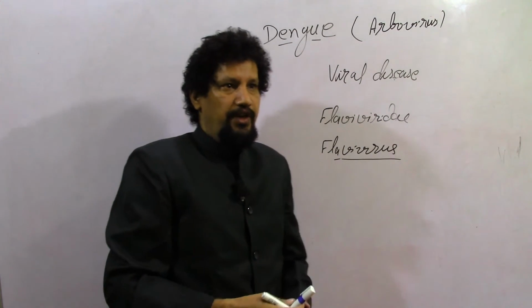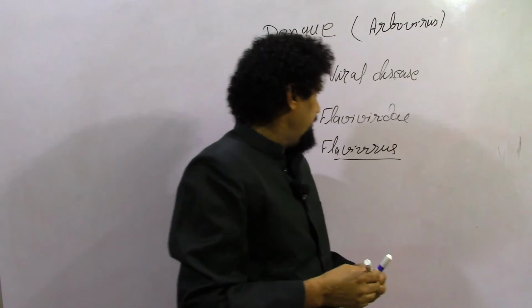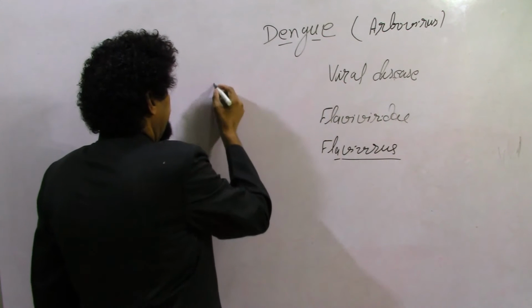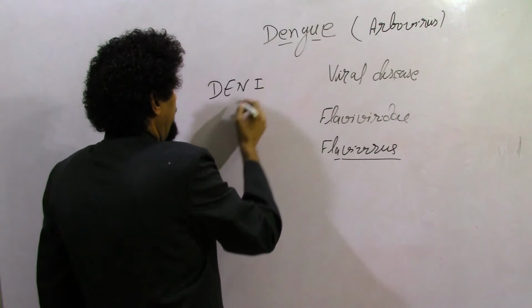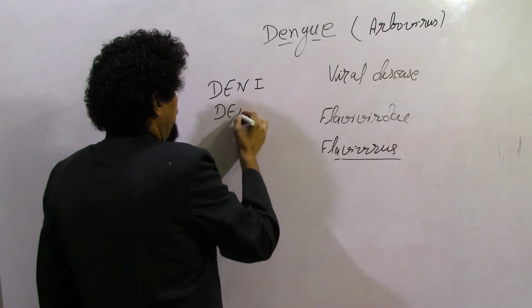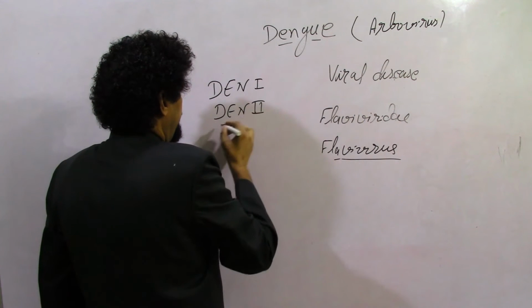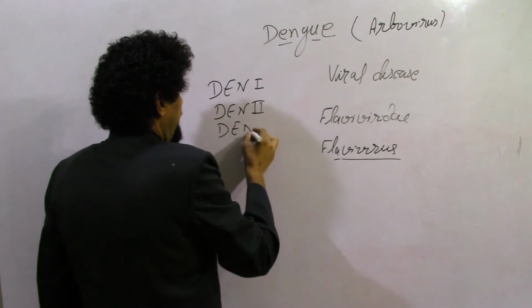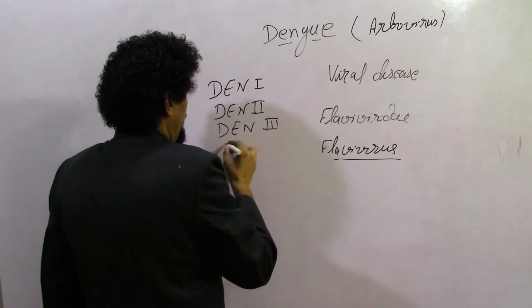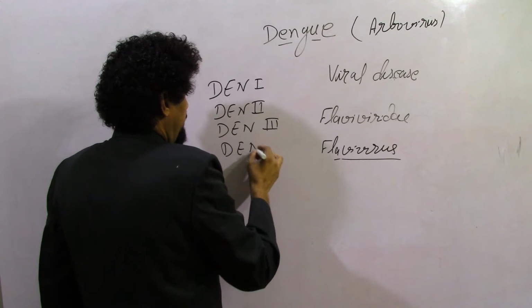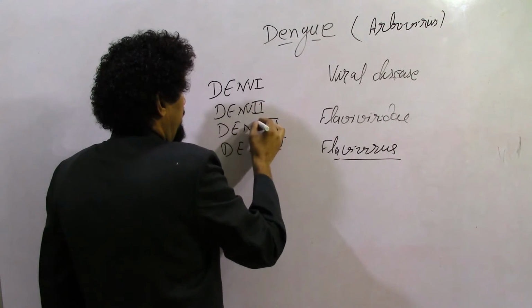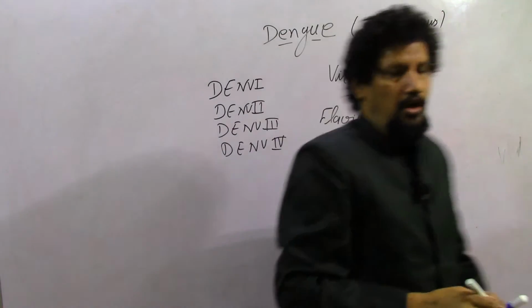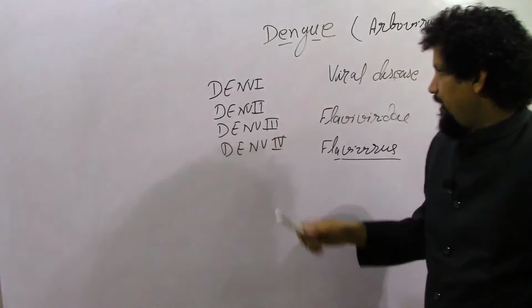There are 4 serotypes or subtypes of the dengue virus.